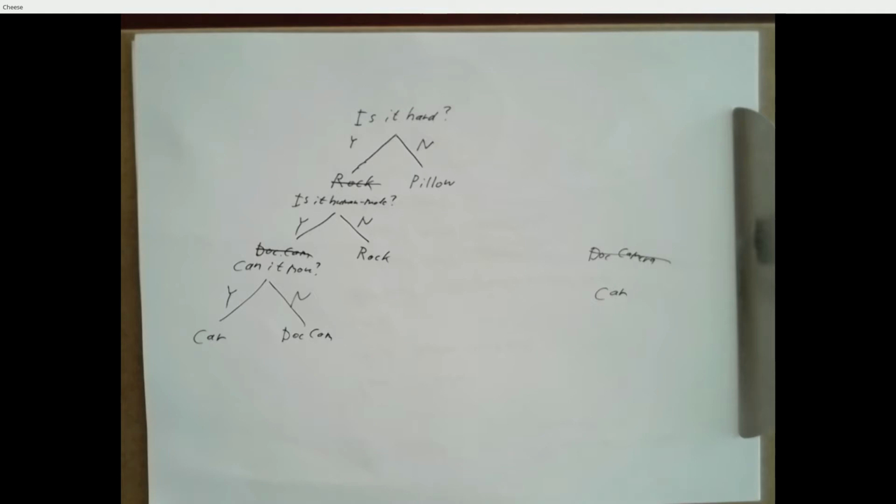All right, so that's your first goal, you're going to play this game, and you're going to update this tree. You're also going to keep this tree in a file on your system. So when you first start playing, you're going to read in this tree from a file, and then every time that you update it, you're going to write it out to that file. So it's going to learn across multiple runs.